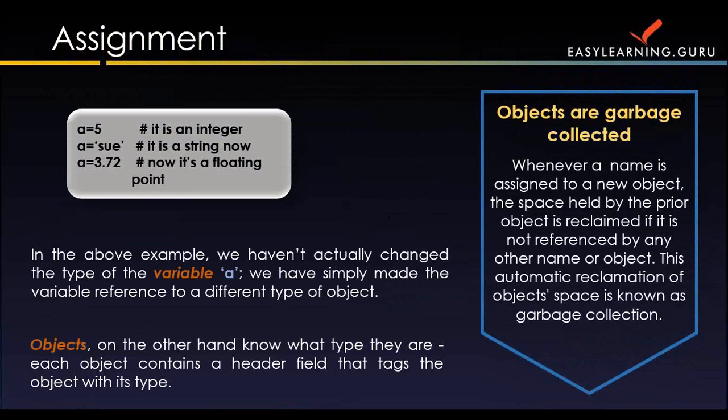In this example, each time a is assigned to a new object, the prior object's reference counter drops to zero, causing it to be reclaimed. So Python will clean up unused space for you as your program runs. In practice, this eliminates a substantial amount of the bookkeeping code required in lower level languages such as C and C++. So this was all about assignment.